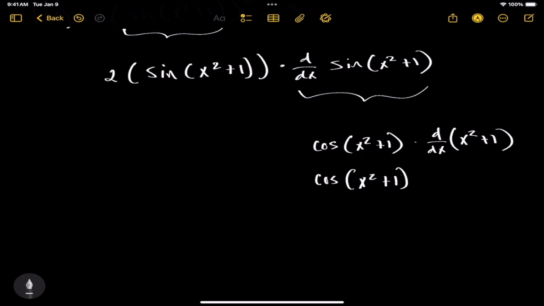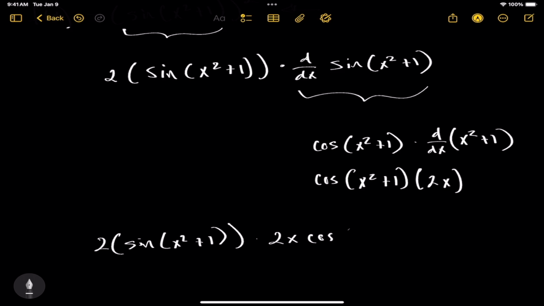The derivative of x squared is 2x, and the derivative of 1 is 0. So we're just left with 2x. All right, so that is also rewritten as the final answer: 2 sine of (x squared plus 1), closed parentheses, times 2x cosine of (x squared plus 1).